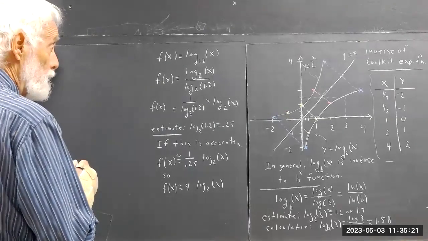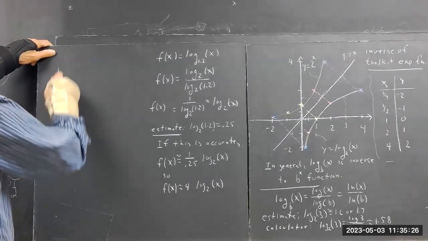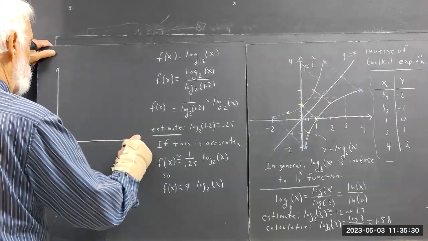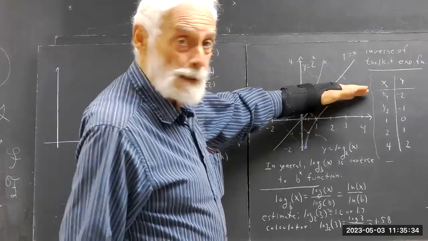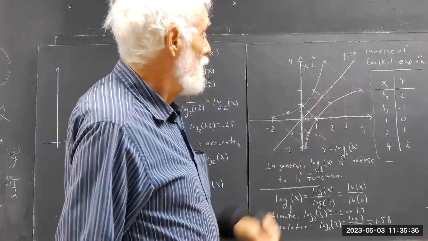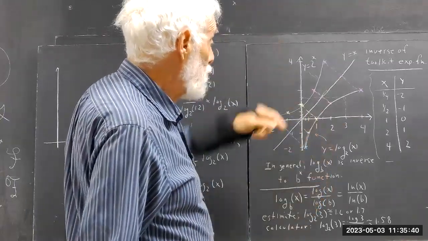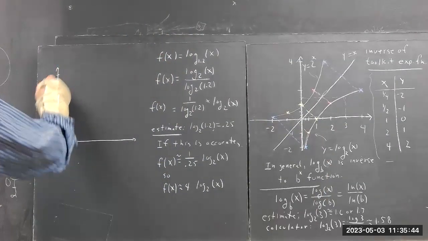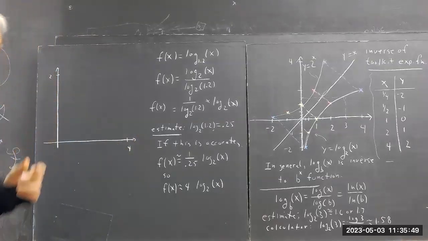Now I'm gonna draw a graph here. And the log base 2 function gets pretty flat. I'm gonna change the scale, use a y scale where 2 is all the way up here. And 4 is here.